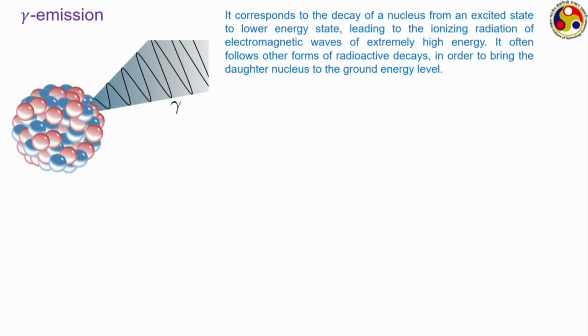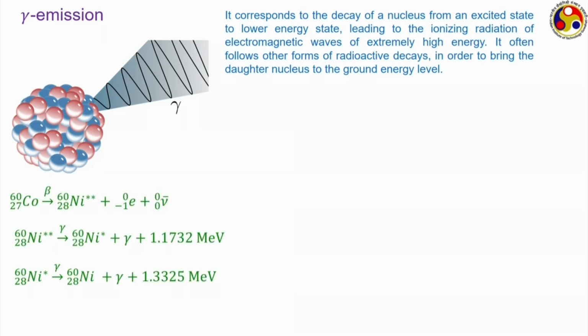So, gamma radiation generally is associated with all the reactions that we have discussed so far. Whenever we have a daughter nucleus formation, that is generally at a very excited state, and therefore it releases that extra amount of energy in the form of gamma rays and comes to a lower or ground state. Like the example here, 27Co60 is going through a beta decay process leading to the formation of this particular nickel 60 isotope, but that is at a very excited level.